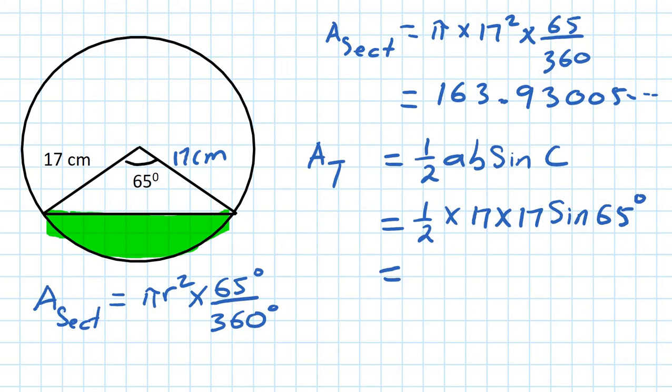Then I type that in my calculator: a half times 17 squared, sine of 65. I get 65.48073 and so on.